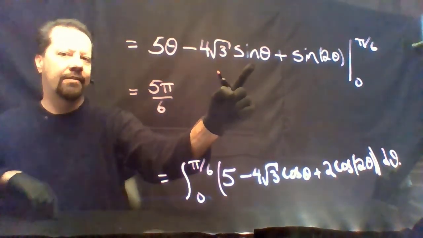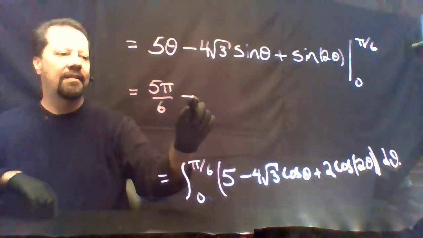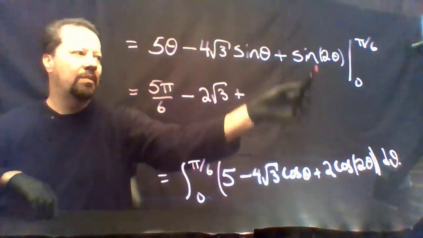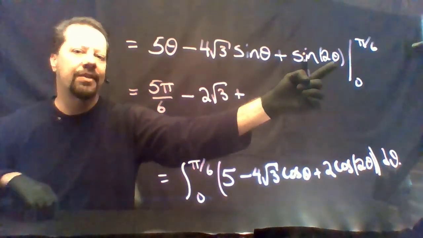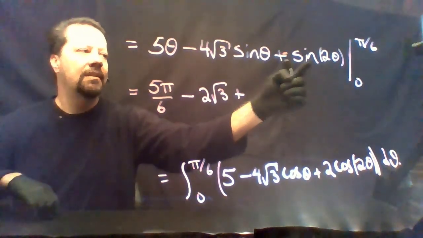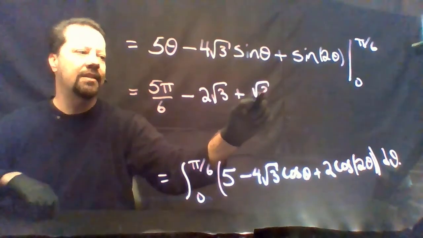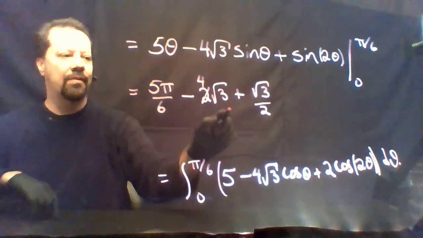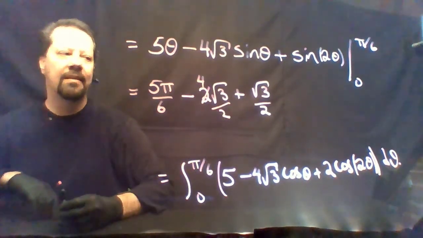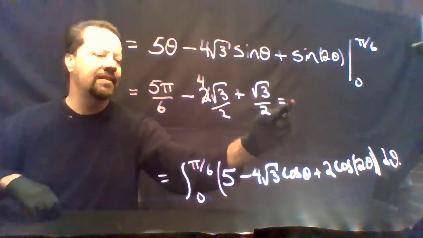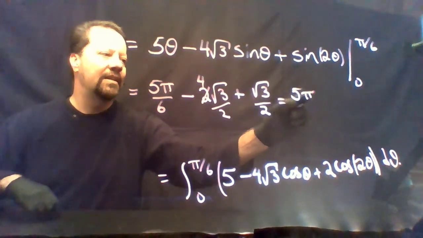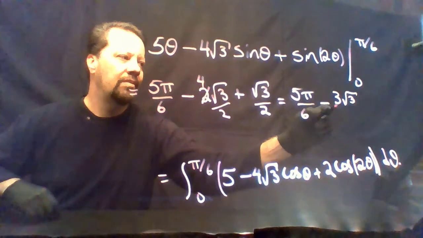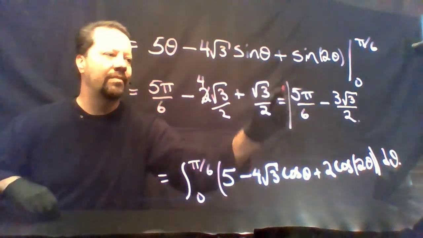The sine of pi over 6 is 1/2. That'll be minus 2 root 3 plus 2 times pi over 6, which is pi over 3. The sine of pi over 3 is the square root of 3 over 2. We should have left this as 4 over 2, because now we can simplify this as 5 pi over 6 minus 3 root 3 over 2.